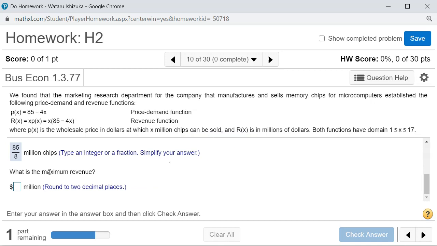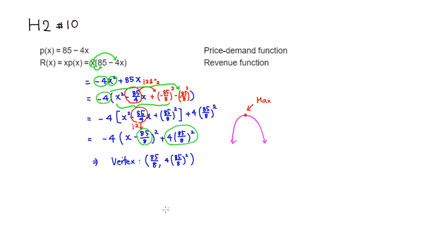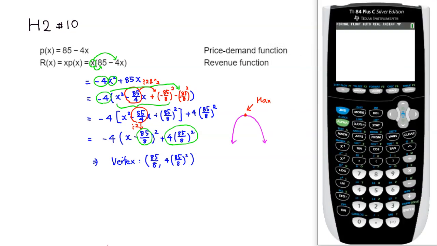All right, what is the maximum revenue? All right, so maximum revenue is this guy, 4 times 85 over 8 squared. So I'm going to use a calculator to compute it. All right, so I'm going to just say 4 times 85 over 8, and then raise it to squared.